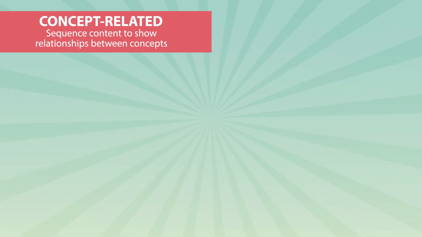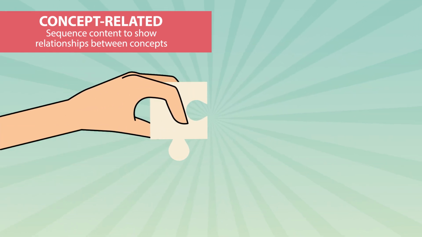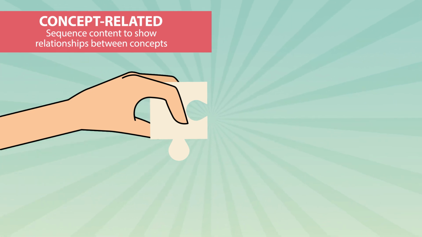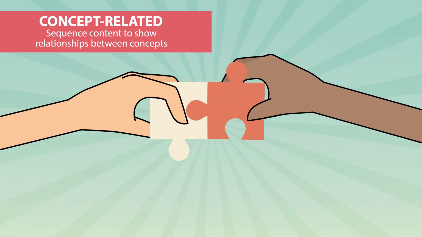For the concept-related perspective, you can sequence the content to show relationships between concepts. Presenting concepts in a series of interrelated steps with a particular order allows new concepts to be built on previous ones.